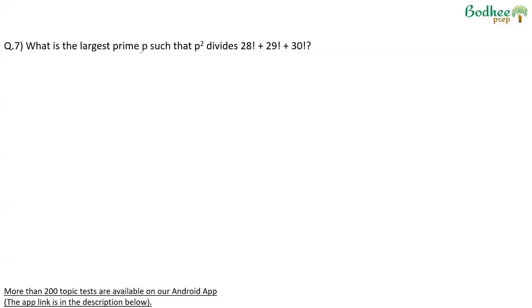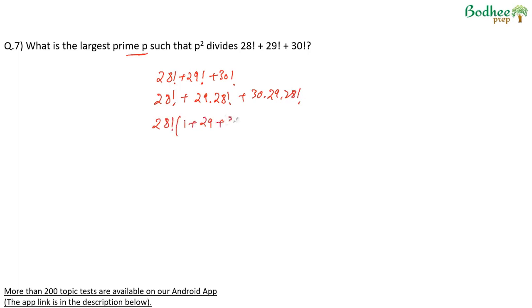What is the largest prime p such that p square divides 28 factorial plus 29 factorial plus 30 factorial? N factorial is the product of all natural numbers from 1 to n. So we can write 29 factorial as 29 into 28 factorial, and 30 factorial is 30 into 29 into 28 factorial. Taking 28 factorial common, we get 1 plus 29 plus 30 into 29.